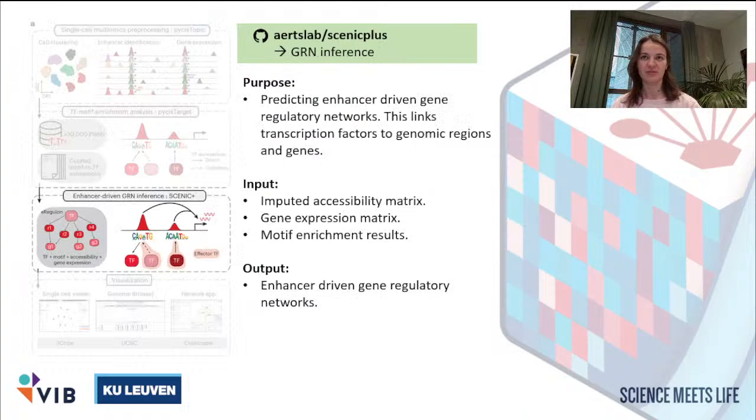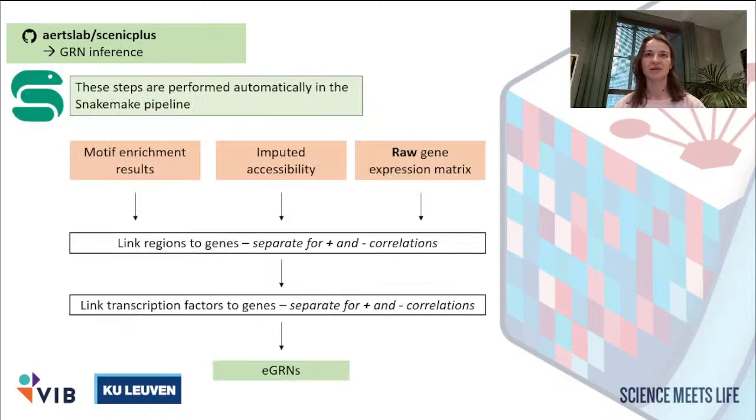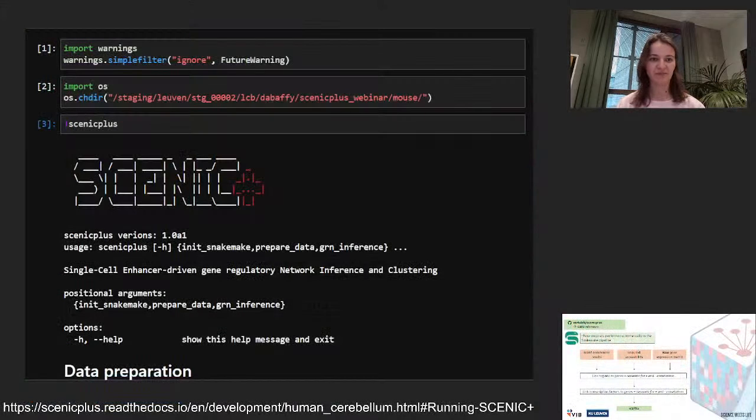I will explain the inputs that we need for the different functions and how we can interpret and use the outputs for the downstream analysis. So let's get to that.